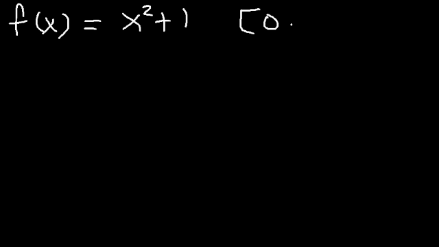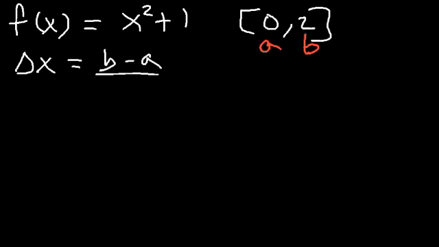So let's find the area of the function, or the area between the curve and the x-axis of the function x squared plus 1 on the interval 0 to 2. Now these are x values. So a is 0, b is 2. Delta x, the width of each rectangle, is the difference between b and a divided by n.